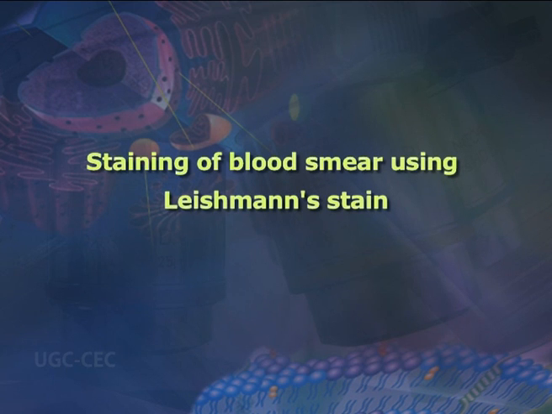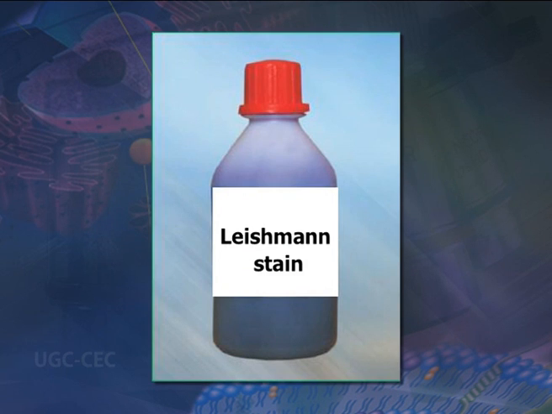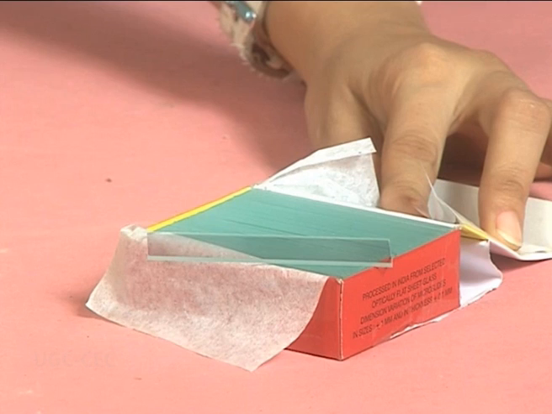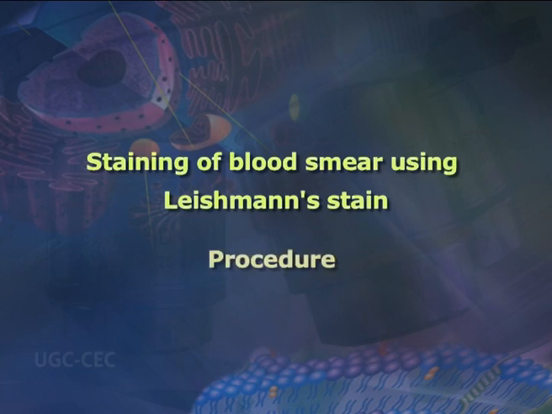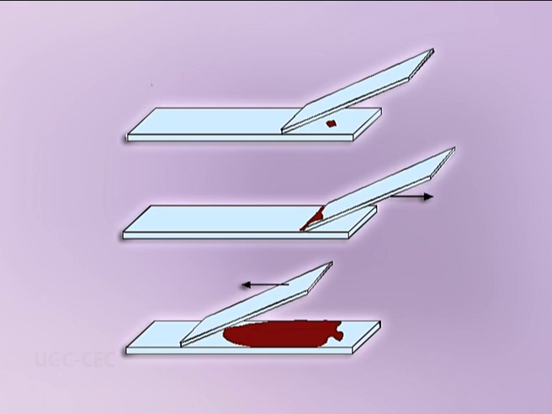Staining of blood smear using Leishman stain. Materials required: Leishman stain, needle, rectified alcohol, slides, etc. Procedure: prick the tip of the finger with the needle and take 1 drop of blood on a slide.